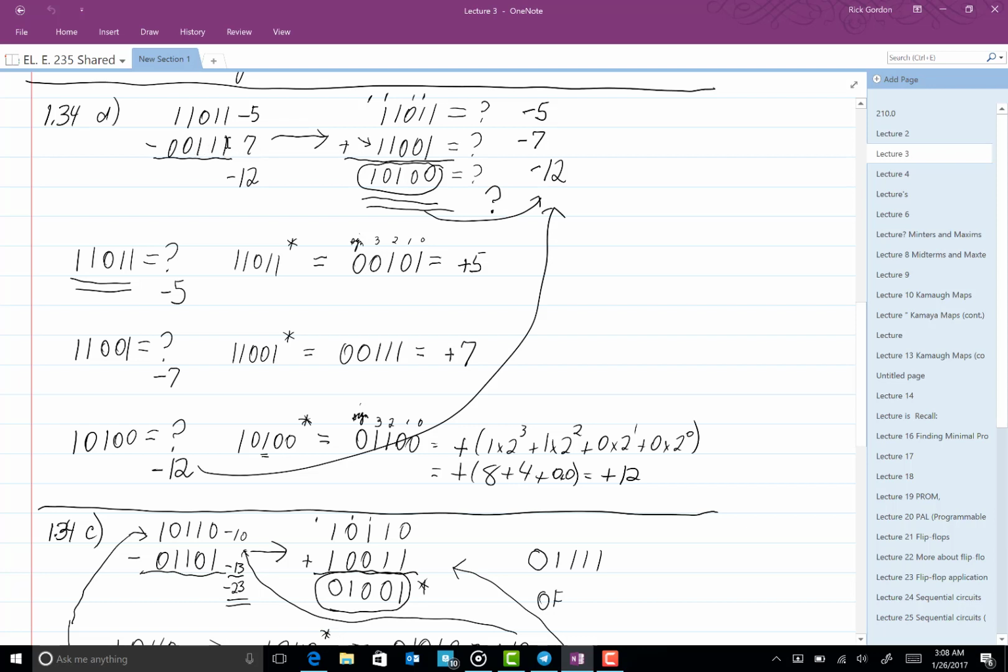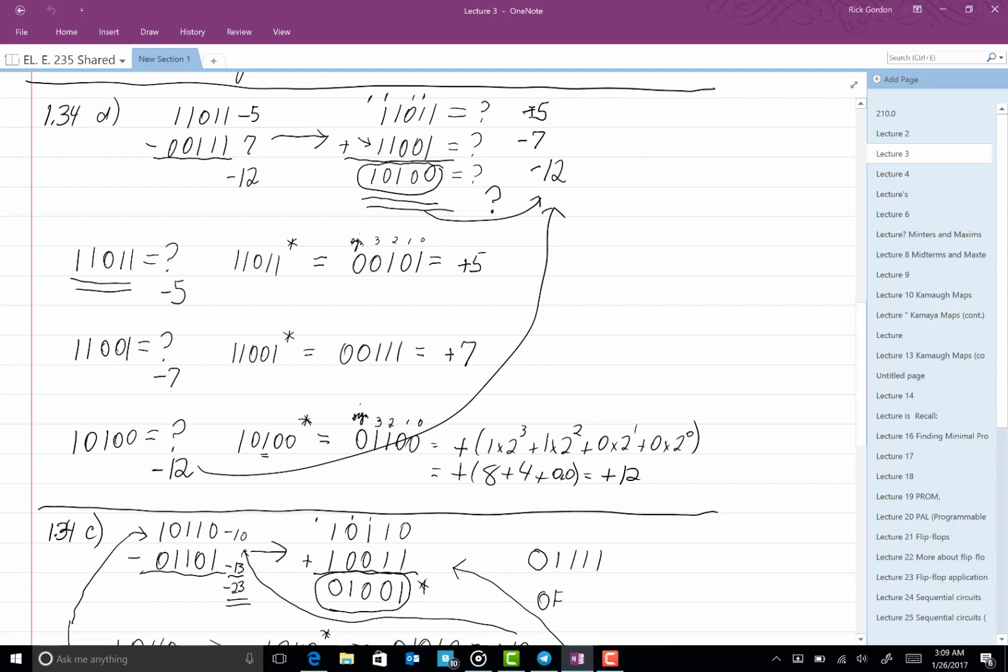That's just 1 times 2 squared plus 1 times 2 to the first plus 1 times 2 to the 0. So that's 4 plus 2 plus 1, or 7. So this number is 7. And therefore, this number down here, which is the 2's complement of this number, must be negative 7. And that's what we have here.